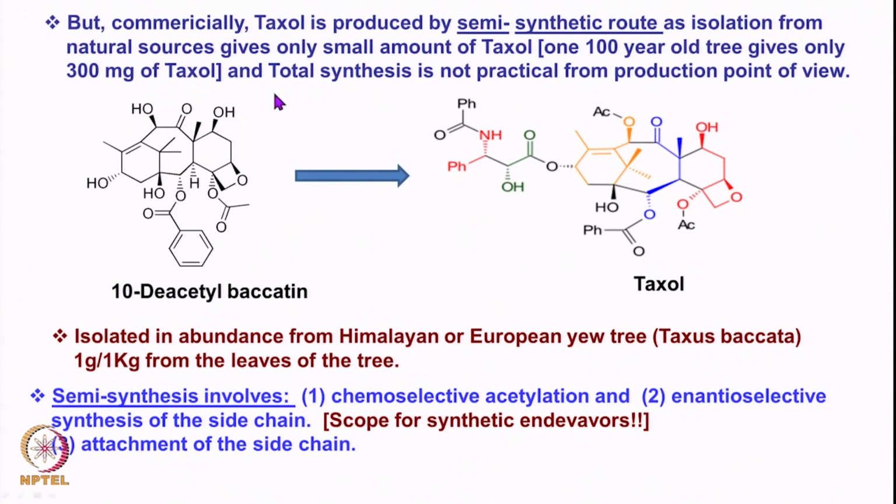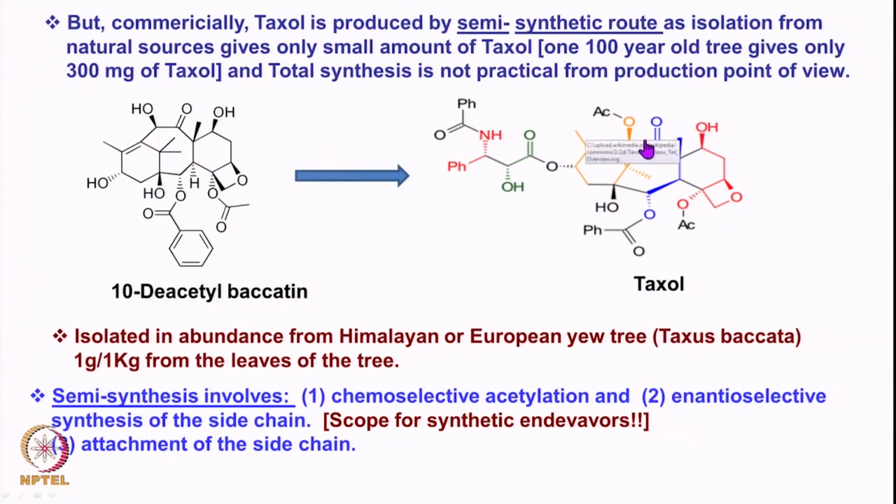At the same time, as I mentioned, the structure of the Taxol molecule shown here is very complicated, and therefore total synthesis, that means synthesis starting from a very easily available starting material, is very difficult because it will involve a large number of steps. Therefore the semi-synthetic route has been developed, starting from a molecule which is naturally available. It is called 10-deacetylbaccatin.